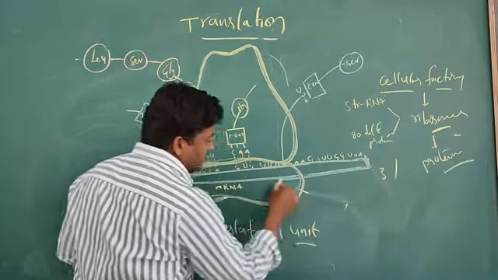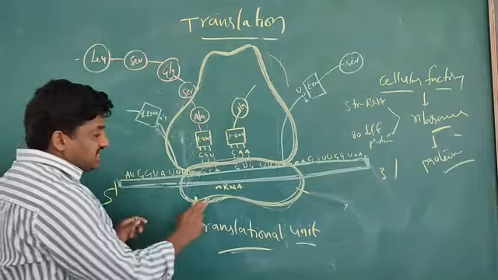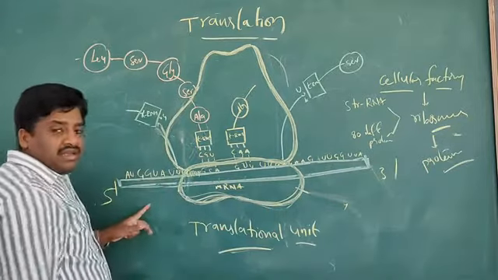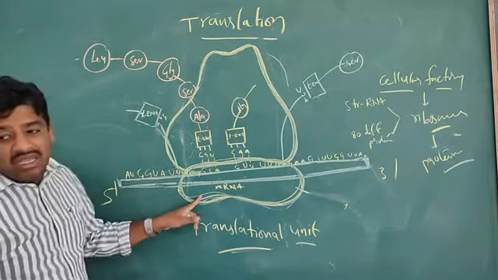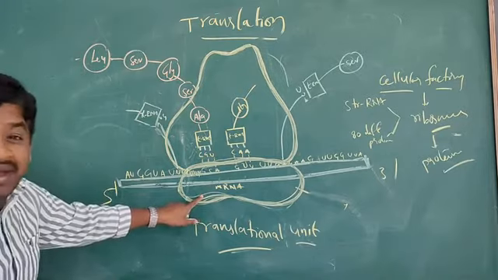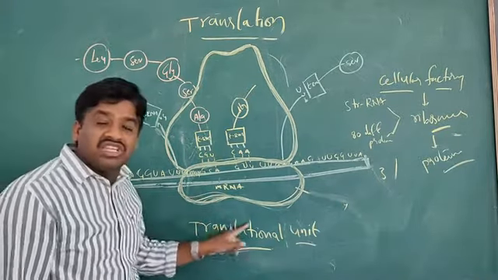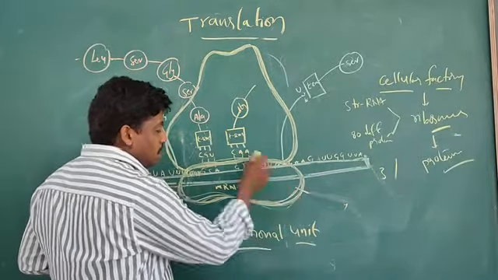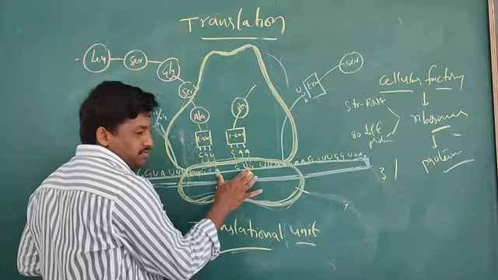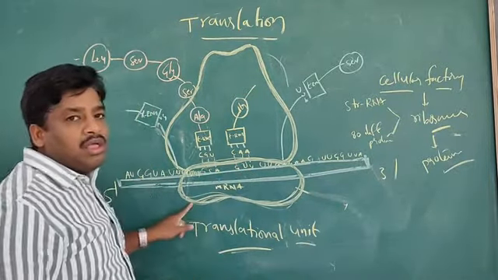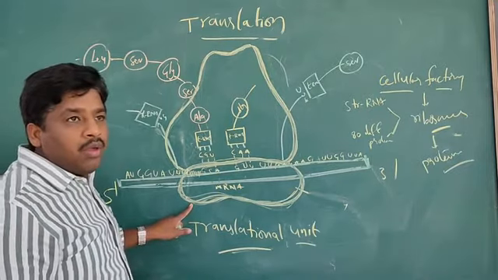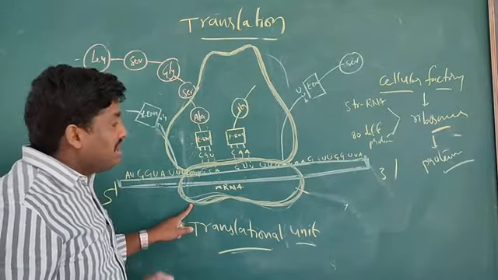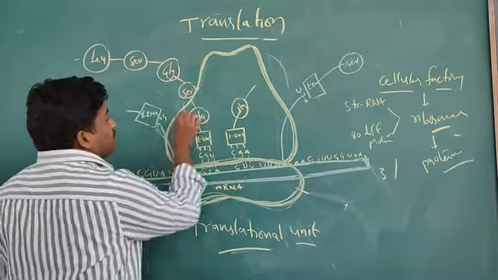Whenever the smaller subunit encounters an mRNA, encounters meaning attaches to it, it starts the protein synthesis. That means it begins the protein synthesis. Next, this larger subunit.